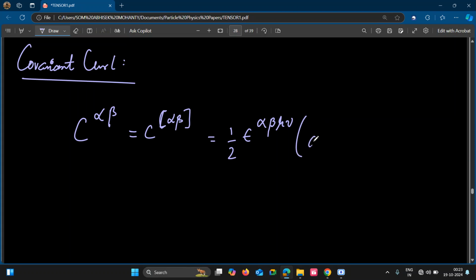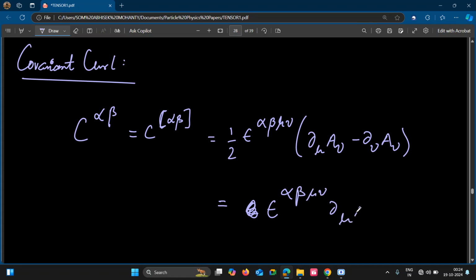It's a bit tricky. ∂_μ A_ν minus ∂_ν A_μ, which is equal to ε^αβμν ∂_μ A_ν. Please write it down first.